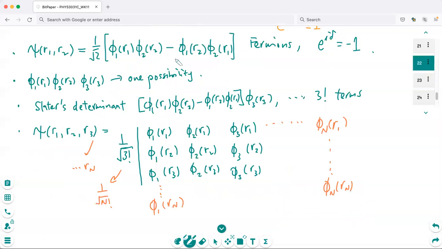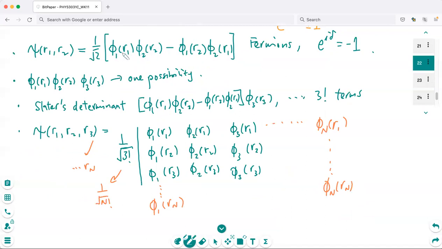Now if you look at the two particles, this is kind of obvious. For fermions, if you have 1 and 2 become the same, then the wave function phi will go to 0, right? If I demand the two particles occupy the same state, then phi 1 and phi 2 are the same, and R1, R2 can be different, doesn't matter.